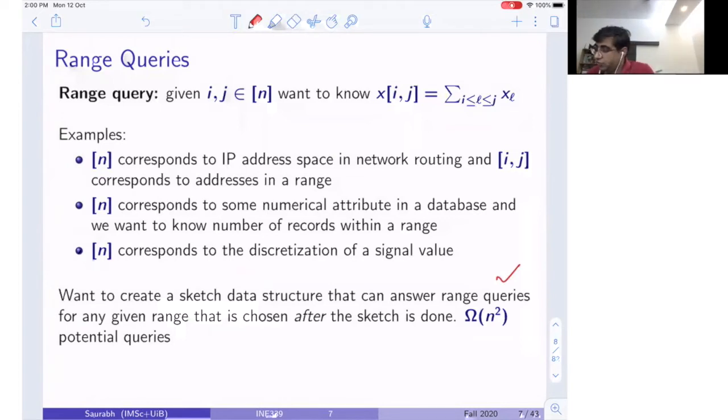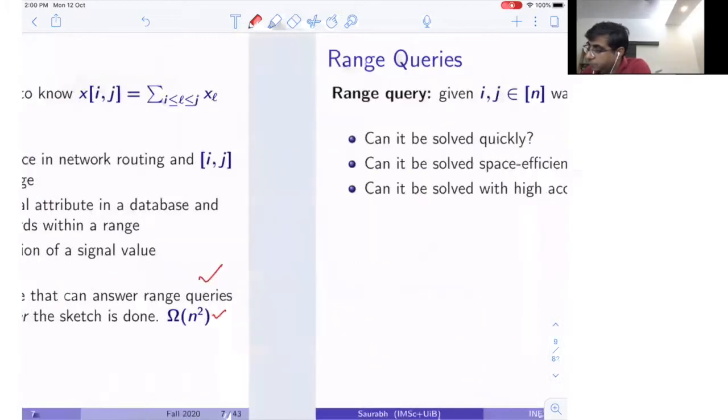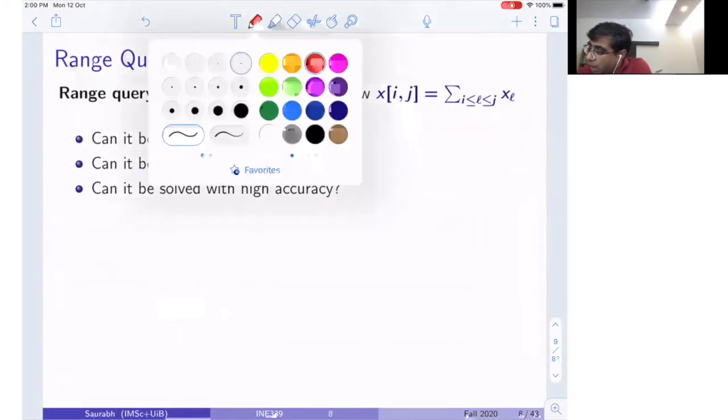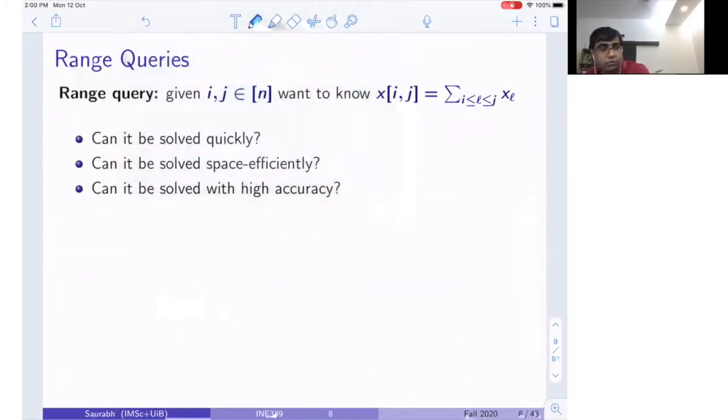There could be omega n square potential queries depending on which sum of frequencies you would like to get from me. But what is our goal? Our goal is, can we solve it quickly? Can it be solved space efficiently? And can it be solved with high accuracy? So can you tell me one trivial or simple solution? Anybody?